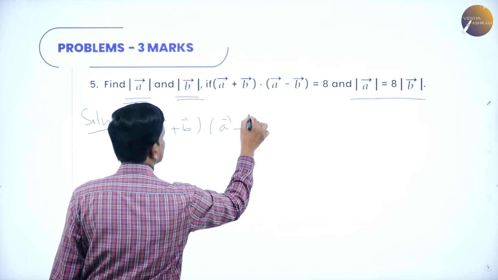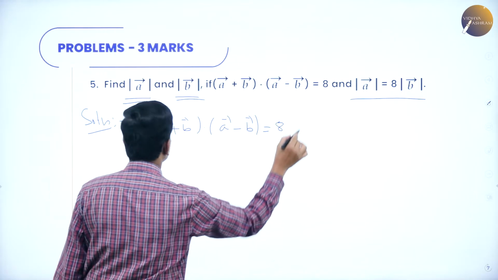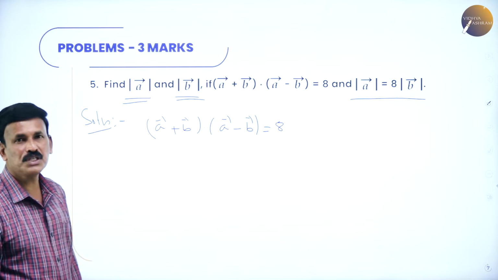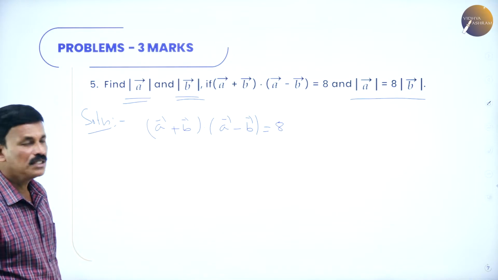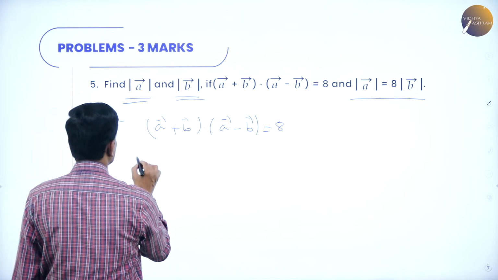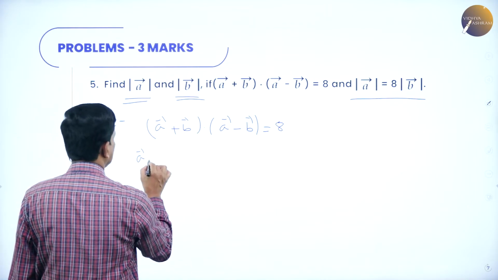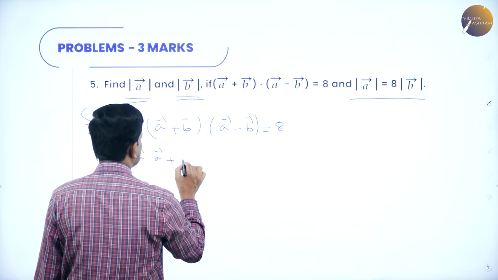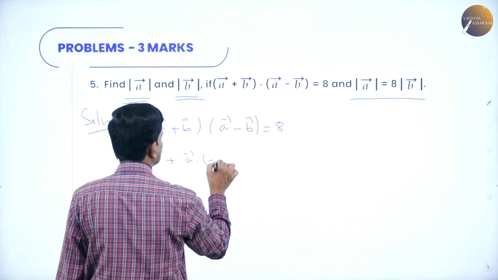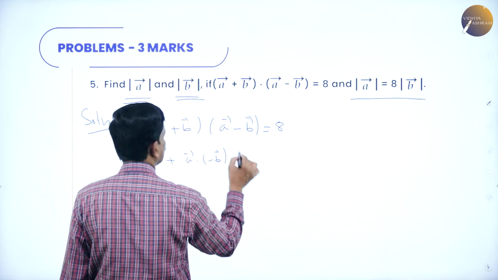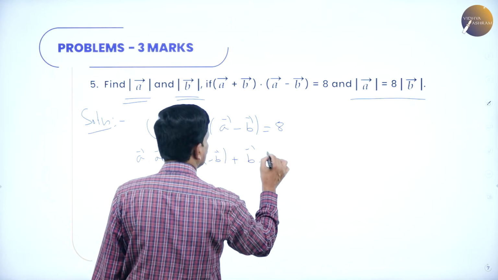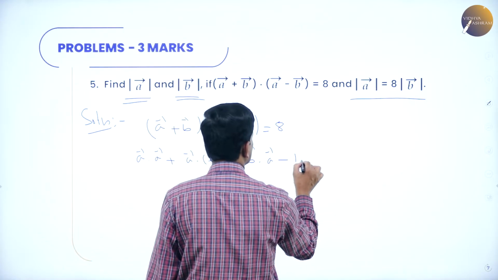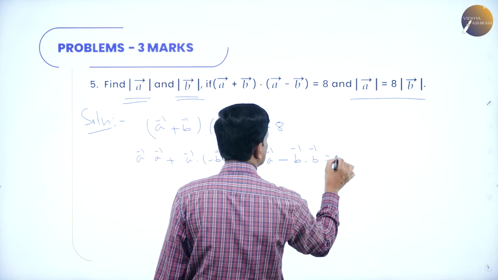Now, first, let us write down what is required to find. A plus B dot A minus B, simplify this. This is equal to 8. This is given. A plus B dot A minus B is equal to 8. So, if you simplify this, A dot A plus into minus, A dot minus B plus B dot A plus into minus, B dot B is equal to 8.